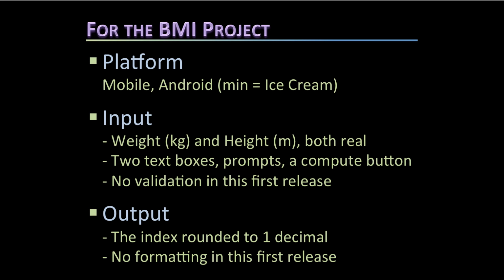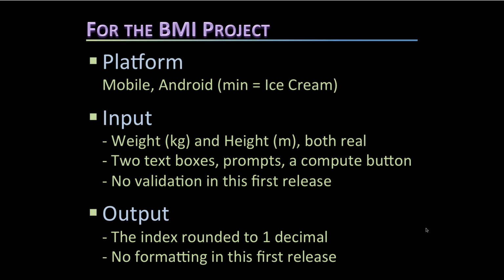Again, we will delay any question relating to color, alignment, font, whether it should be bold, italic, etc., to future releases. The only requirement we ask for is that the number, the index, should be rounded to the nearest decimal. So, for example, if the answer is 23.47, then the user would like to see it as 23.5 instead.